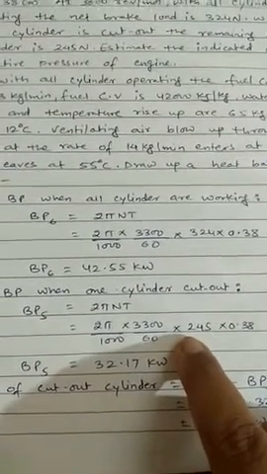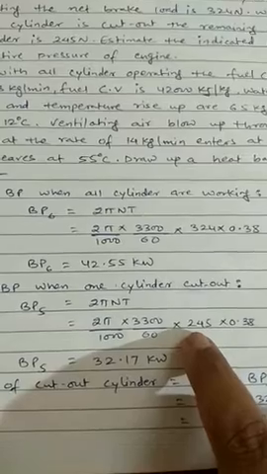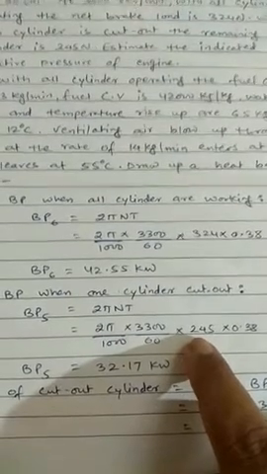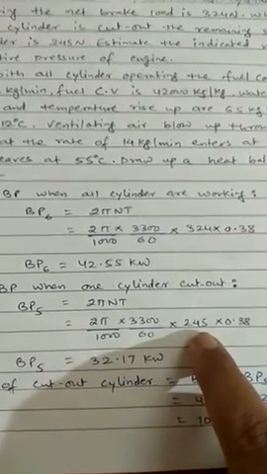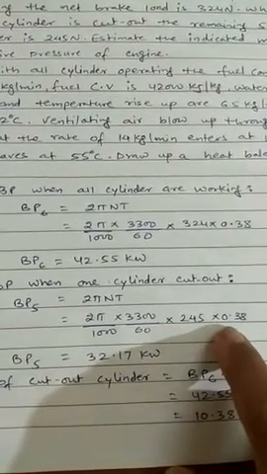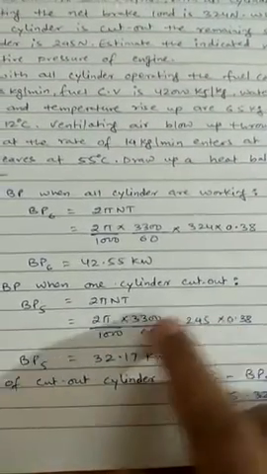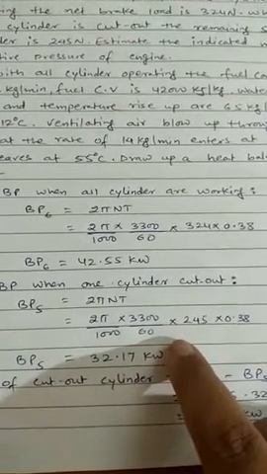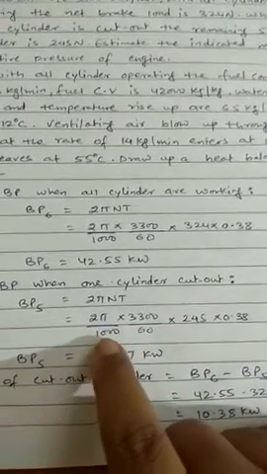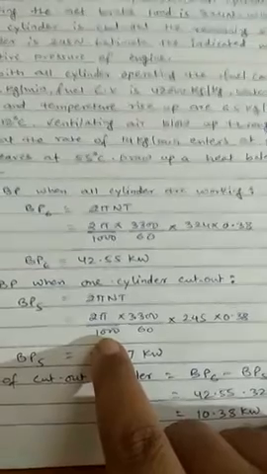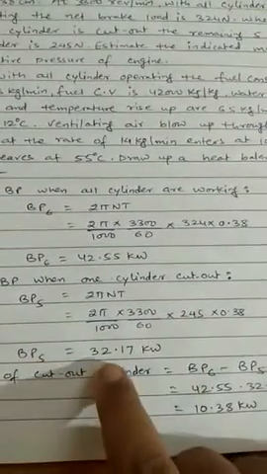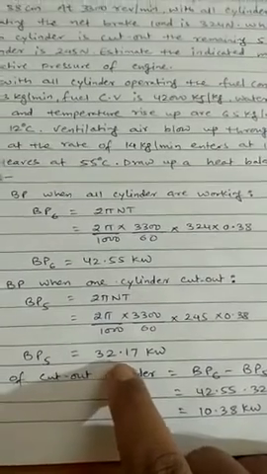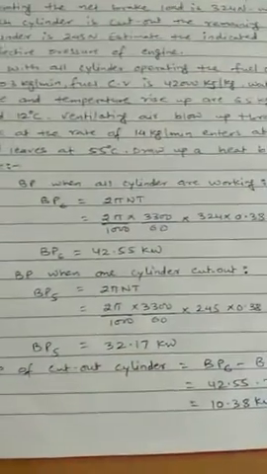When 5 cylinders are operating, load is 245, converted into torque as load into radius. This value is in watt, converting to kilowatt by dividing by 1000. After calculating, BP of 5 cylinders is 32.17 kilowatt.